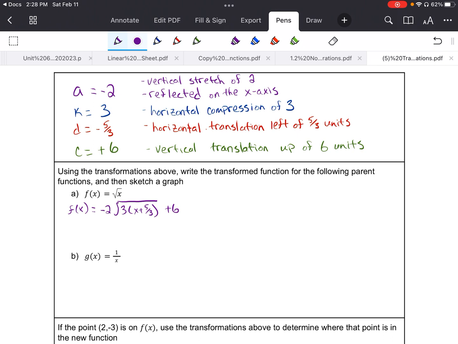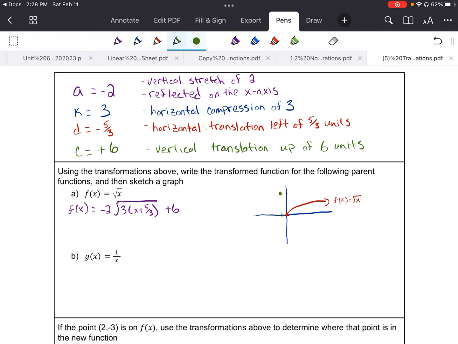Good. So if we were to graph this one, okay, we know our parent function with radicals looks like this. So that is f(x) equals the root of x. But now we're changing it. So the big thing we need to know, it has a horizontal translation to the left of 5/3. So let's say that's right there. And up 6.